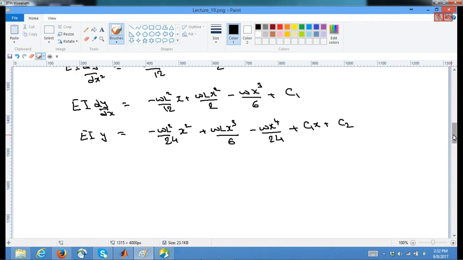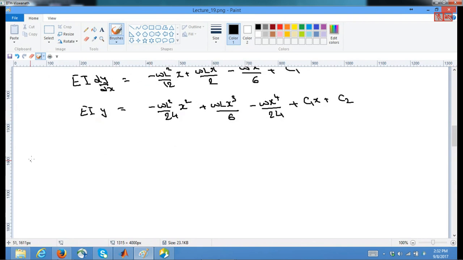then apply my boundary conditions. My boundary conditions are given by, at x is equal to 0, y is equal to 0, and dy by dx is also equal to 0, because the left end is a fixed support.